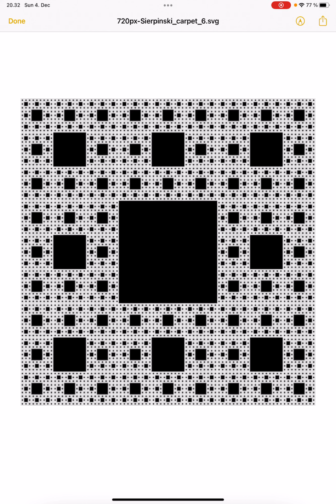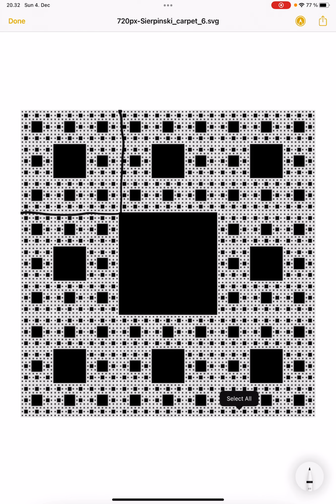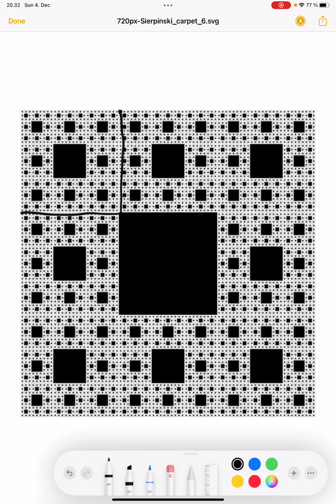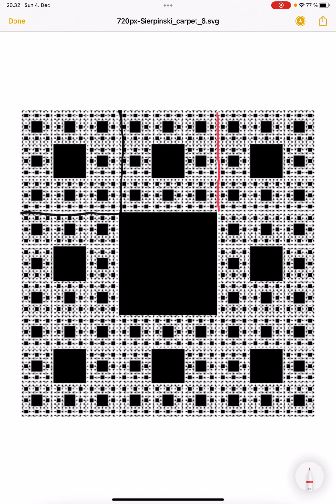So this is called Sierpinski carpet. You start with the huge big square, and then you divide it into 9 parts along here and here. So maybe let me change the color. Okay. So you divide this into 9 squares, and then you keep everything except for the center one.